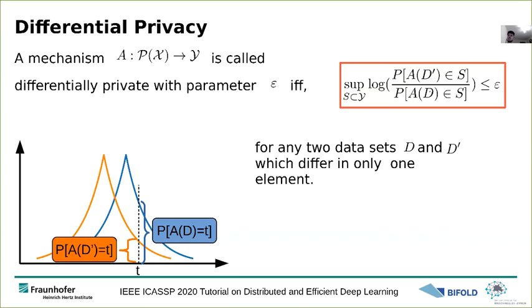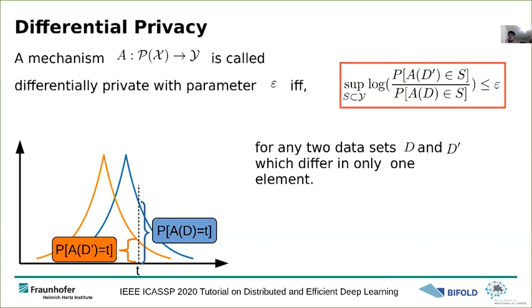So it gives you a guarantee on what can be inferred about the data that was used in the mechanism. So in the federated learning setup, this mechanism A is the stochastic gradient descent training process, which results in these parameter updates, which are based on the client's data.